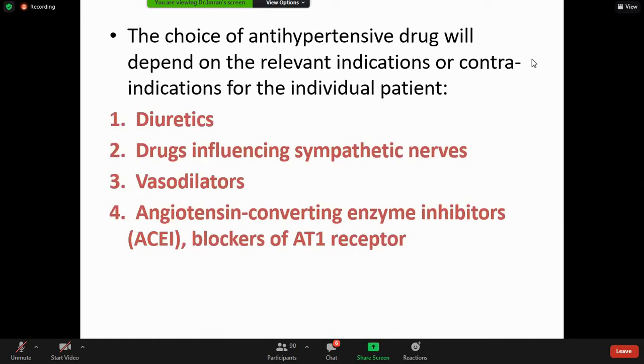One thing you must remember, right? There is an automatic regulatory mechanism. If we reduce the blood flow, automatically the counter mechanism is going to start. When there is decreased blood pressure, there is reflex tachycardia due to increased sympathetic activity to enhance the cardiac activity.